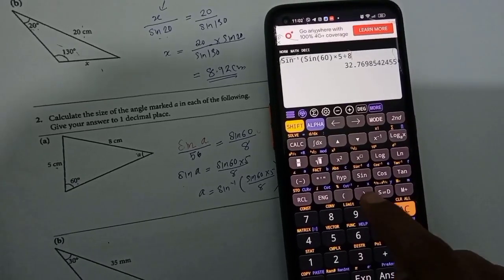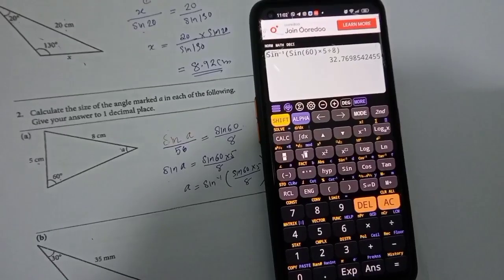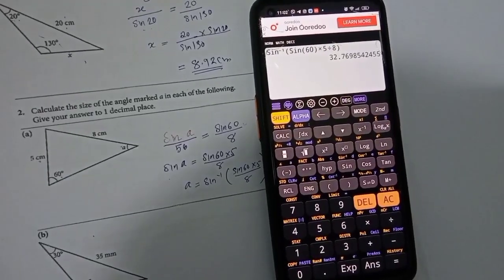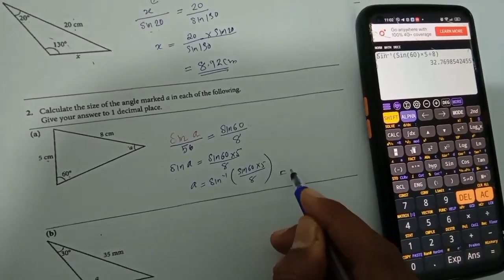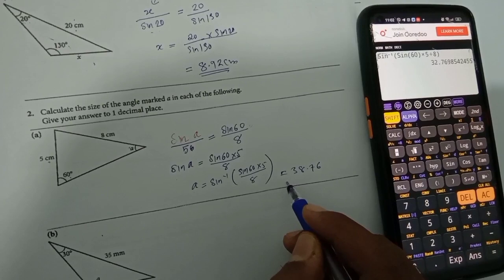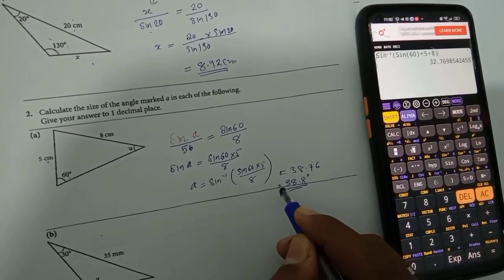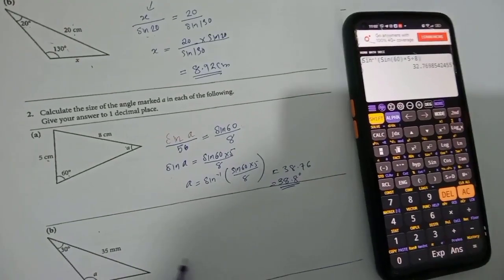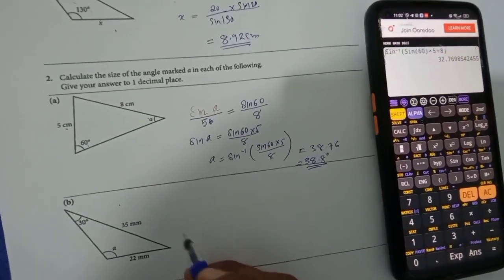You can close the bracket. The result is 38.76, which we can write as 38.8 degrees or 39 degrees. That's the rounded figure.